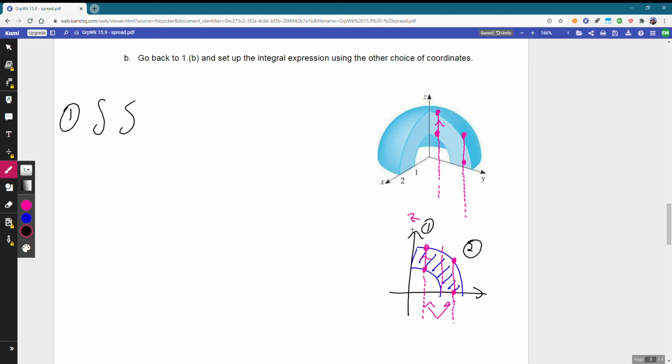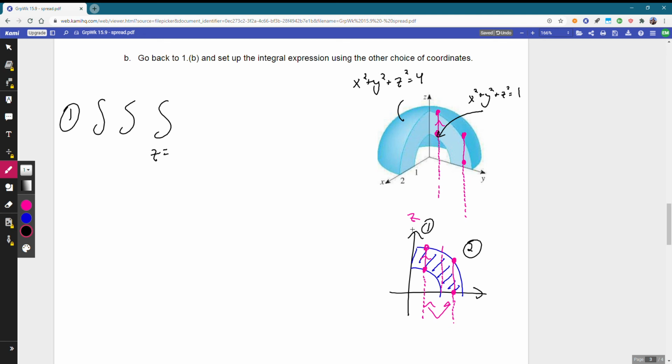All right, so for integral 1, we're moving z from our inside sphere to our outside sphere. And so I suppose we need equations here. So our outside sphere with radius 2, right, that's x squared plus y squared plus z squared equals 4. And our inside sphere would be x squared plus y squared plus z squared equals 1.